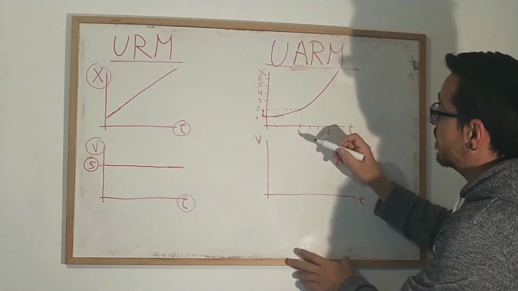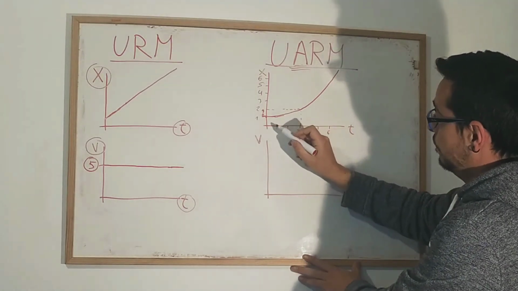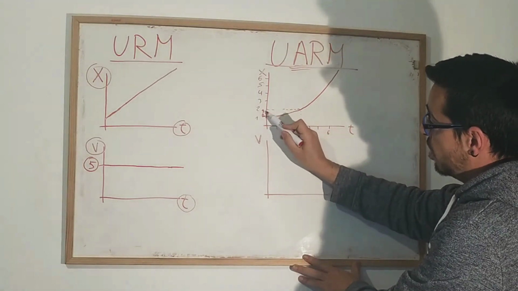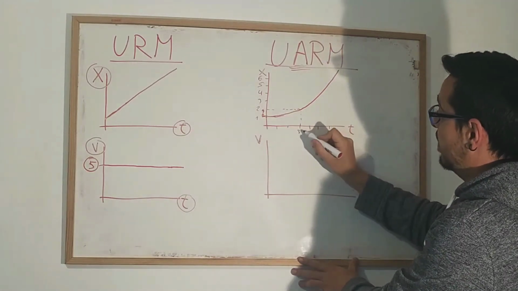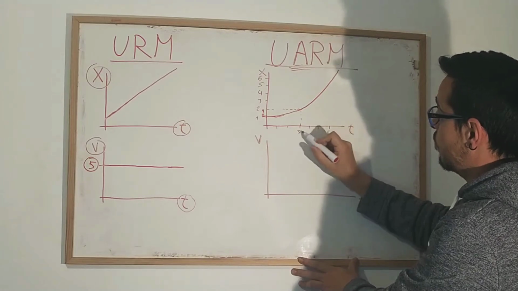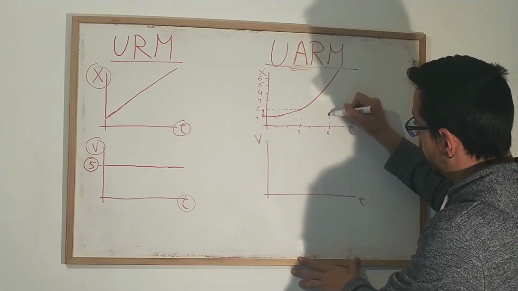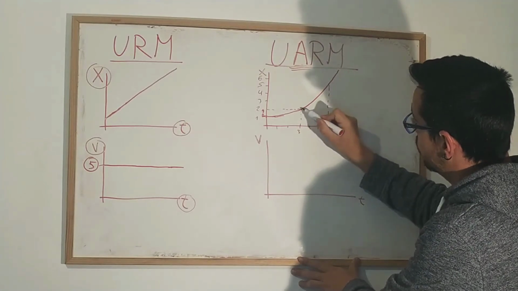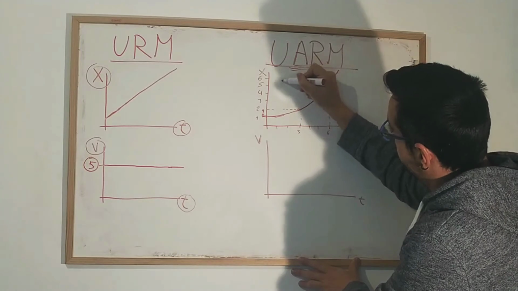In the first 3 seconds, position is going to increase only 1 meter, but in the second 3 seconds, position is going to increase from here to here.